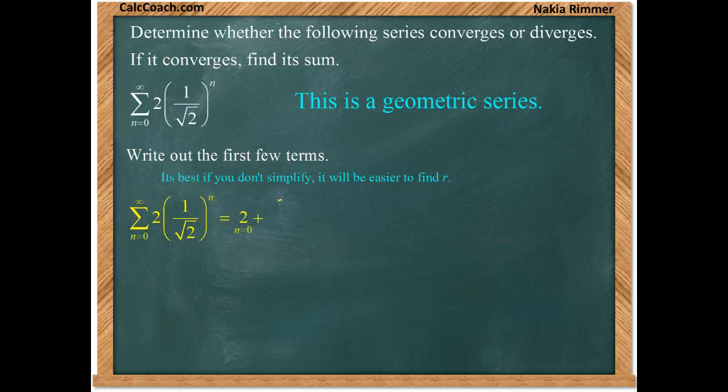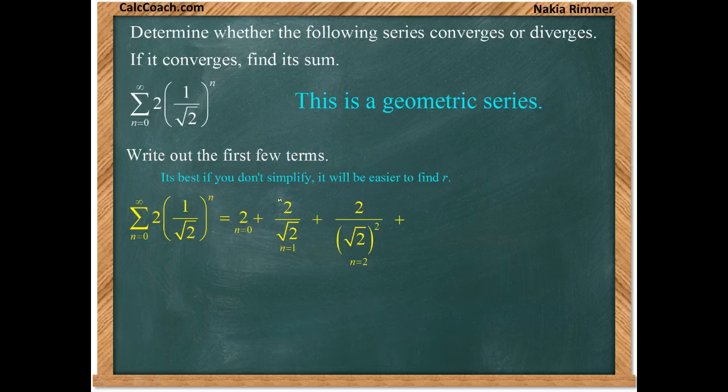When n is equal to 0, then the 1 over root 2 is raised to the 0 power, and we just get the 2. Now when n is equal to 1, we'll have that same 2, but now it'll be multiplied by 1 over root 2. When n is equal to 2, we'll have 2 times 1 over root 2 squared.